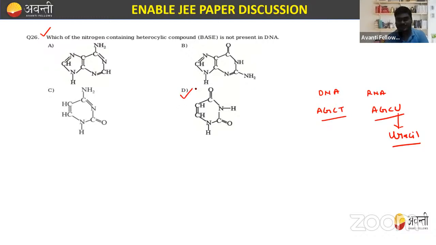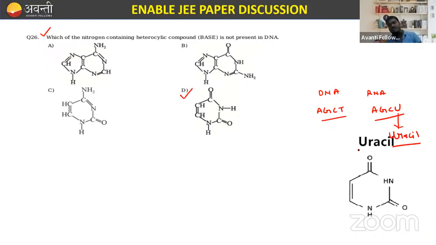It is a very simple, memory-based question asked in the paper. I hope it is clear. If you have any doubt related to the questions, please ask me in the chat box. I am going to explain each and every question.